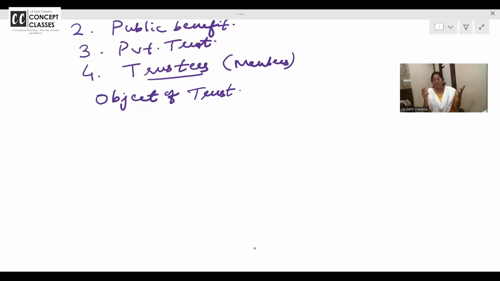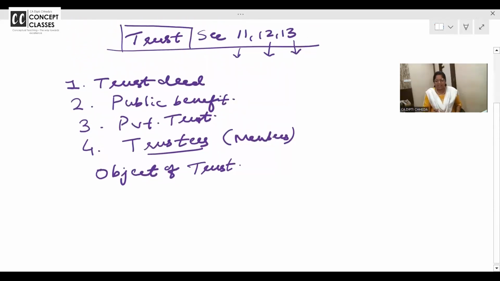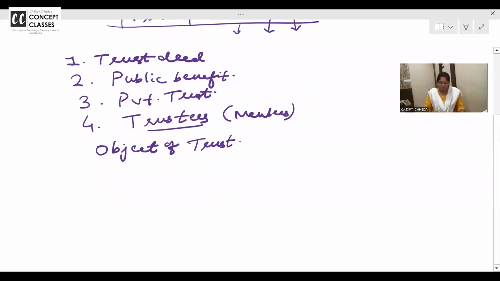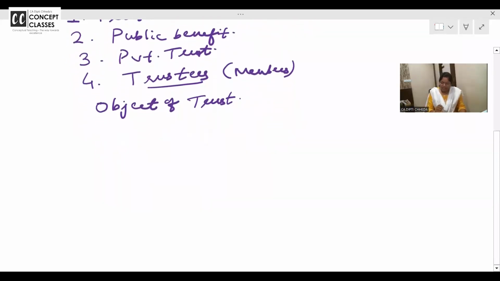But once the trust is formed, whatever activity they do for earning or spending should be for the object of the trust. This object of the trust we will discuss in detail. They need to maintain proper books of accounts, get them audited, and file the return so that they can avail exemption benefits and pay zero tax in spite of huge income.